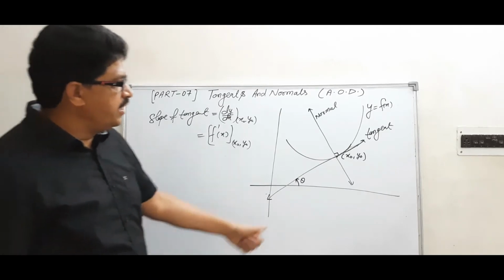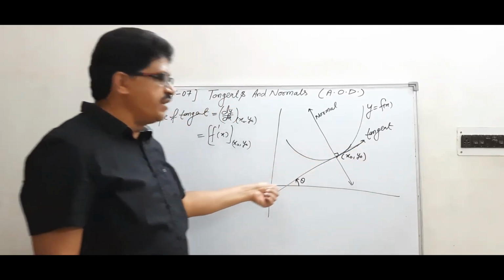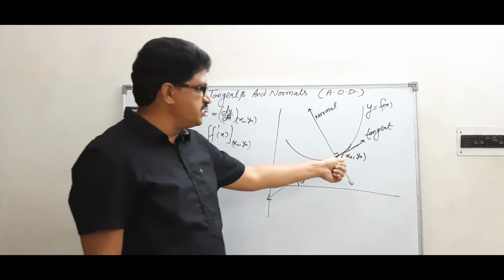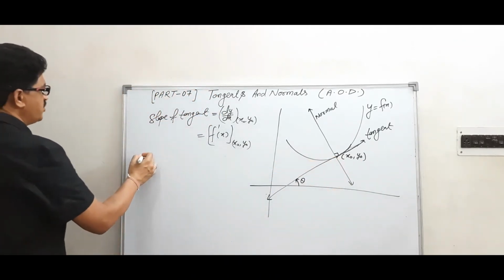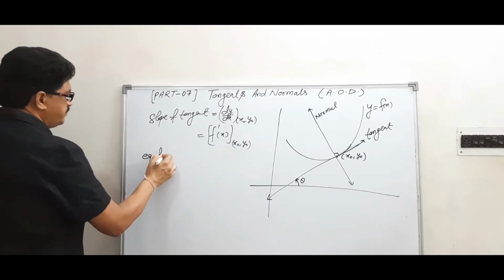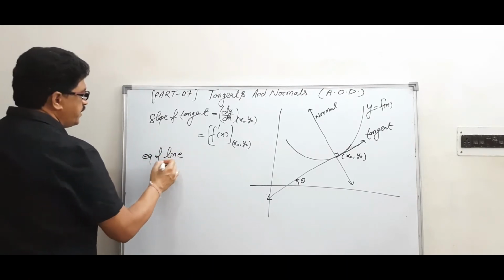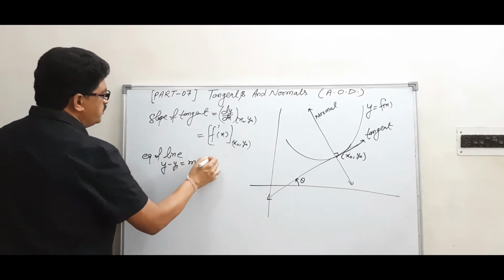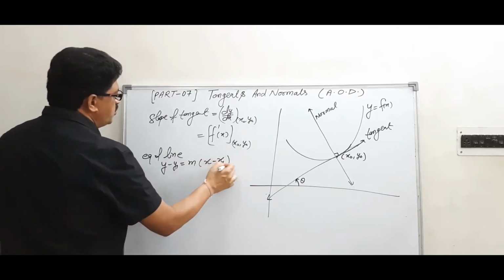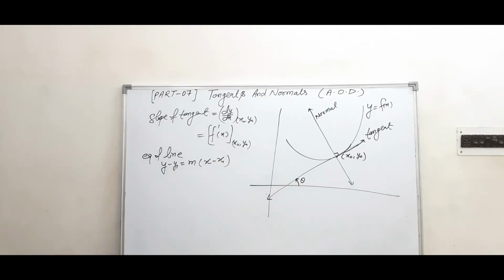Second thing, we know that tangent is a line and tangent is passing through the point x0, y0. Then we also know that equation of line y minus y1, which passes through a given point, and slope m is given by this.